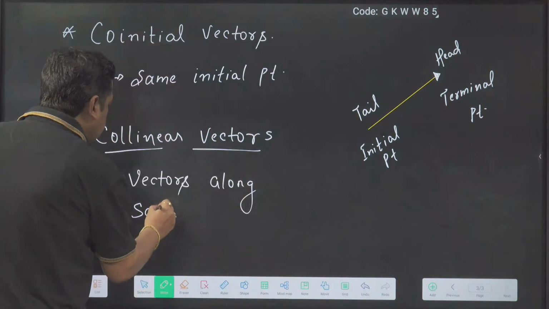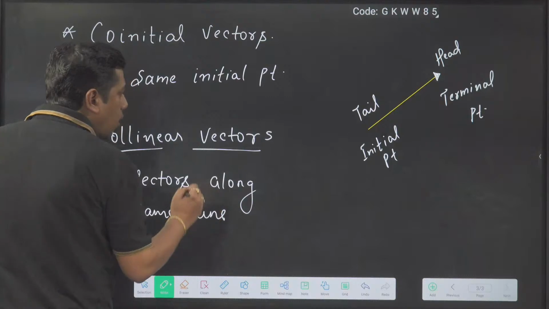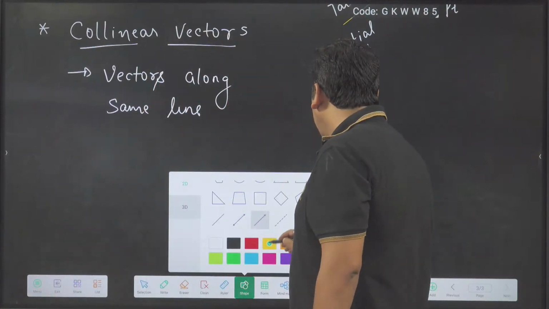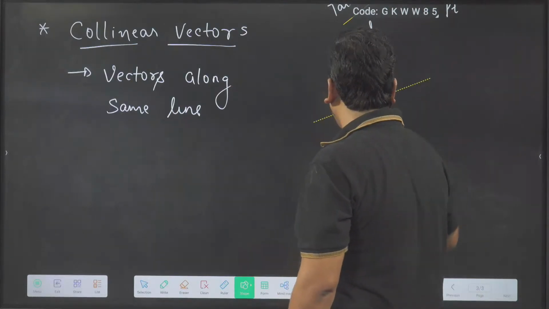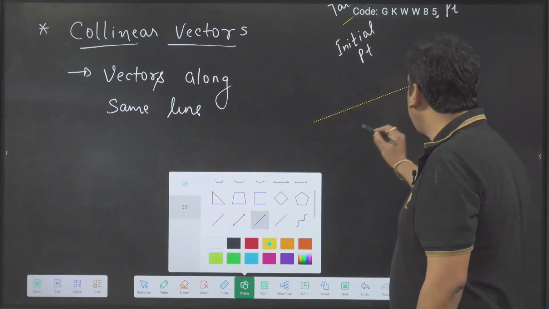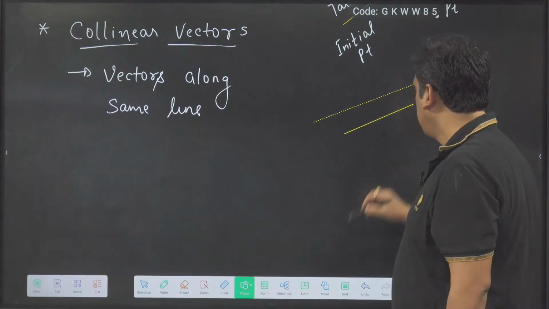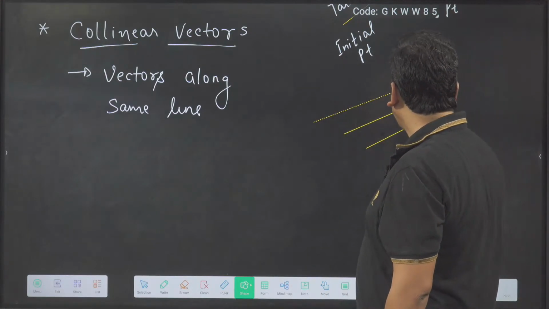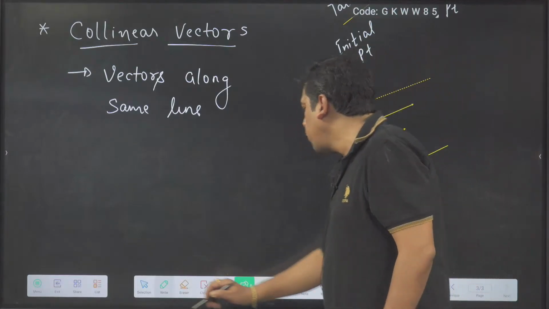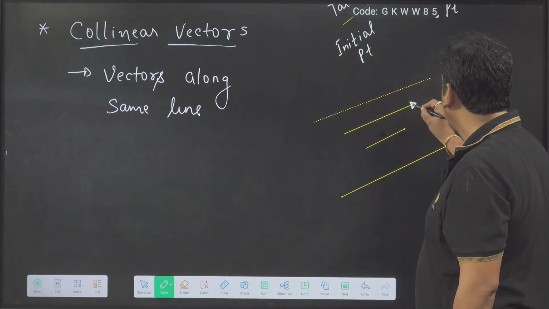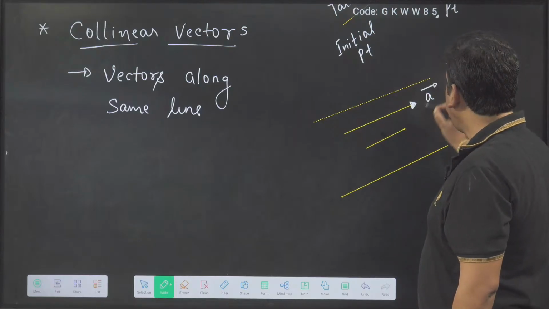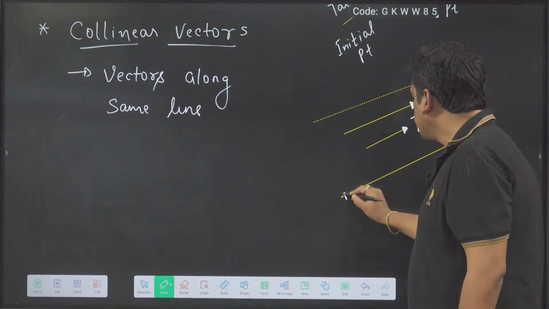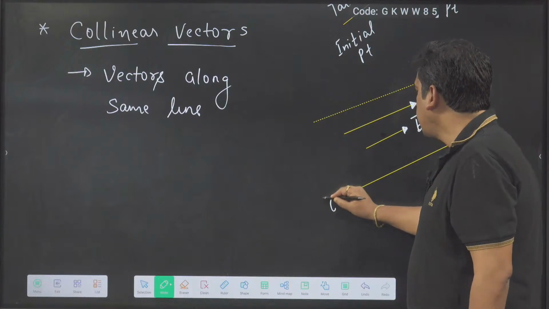Now, if a vector is along the same line, please understand, let's say this is the line we are talking about. Any vector along this same line, let's say at least two vectors. This is one vector, this is another vector, and this is another vector. Three vectors I am drawing. Let's call them A vector, B vector, C vector.